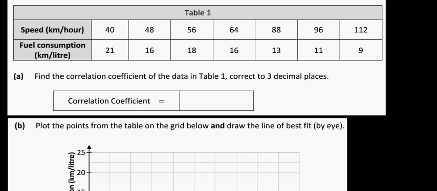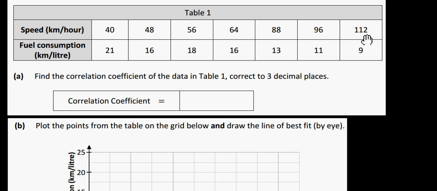So in fact, the actual amount of fuel being consumed as you increase speed is increasing as well. But these values here are the number of kilometers you can do for each liter as speed increases. When you're doing 40 kilometers per hour, you can do 21 kilometers for each liter.